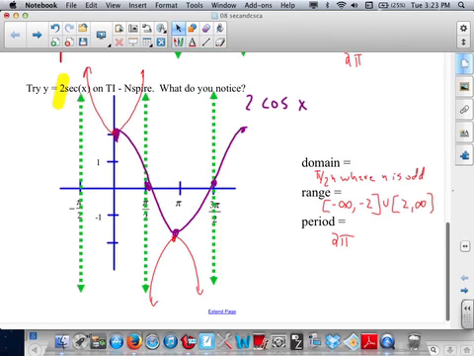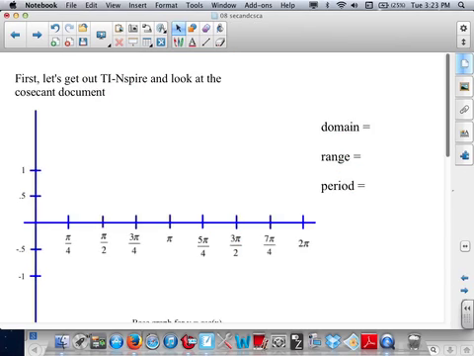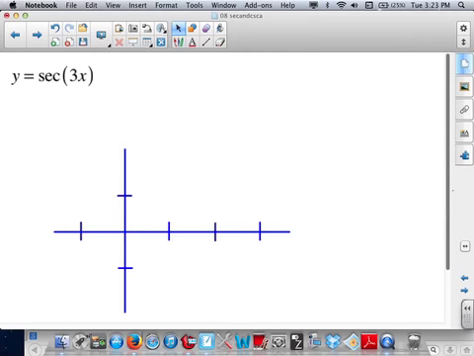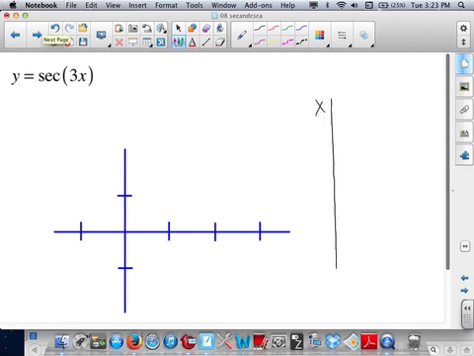All right, let's try another example. Okay, let's try this one. This is a good secant problem. Now, what's going to happen here? Is this going to be the same as all the others from before? When we've done this before, we've had this triple table.